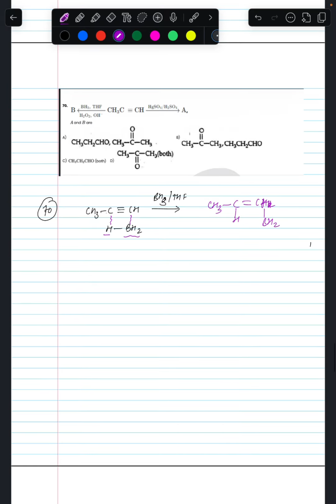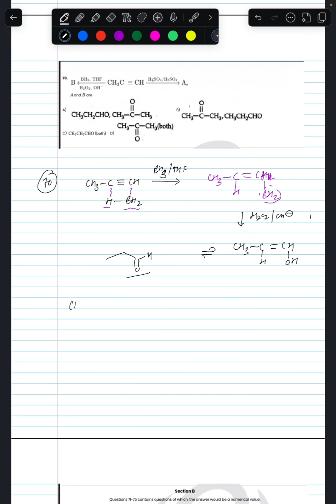Whatever carbon BH2 attaches to, after oxidation with H2O2 we get an OH group at that place. It is hydroboration oxidation. Then it further tautomerizes, and after tautomerism we get an aldehyde. So the first one is an aldehyde.